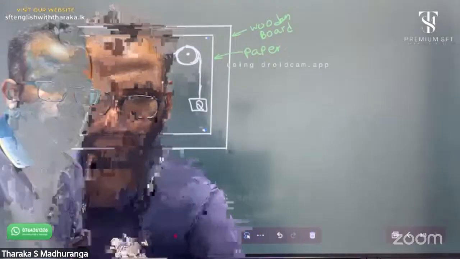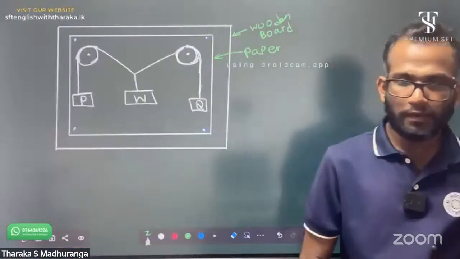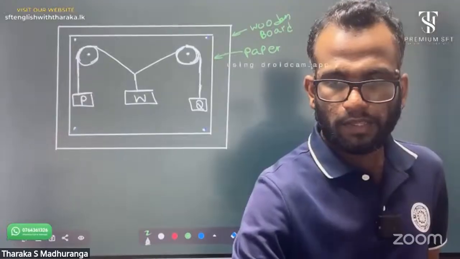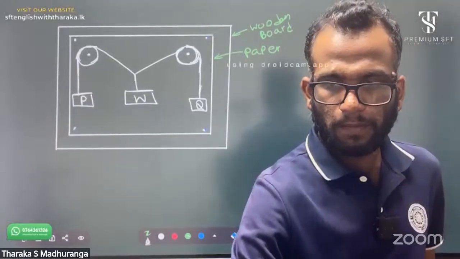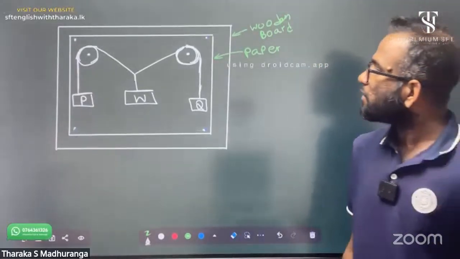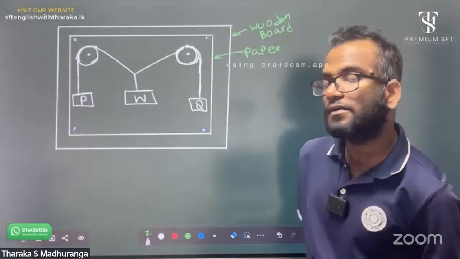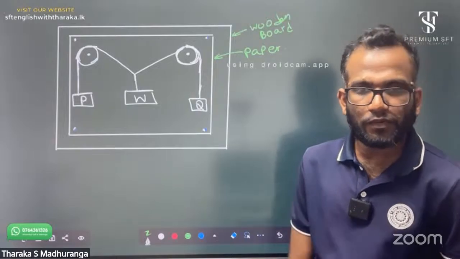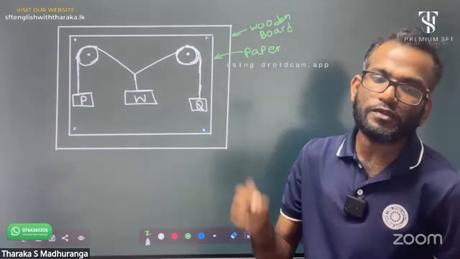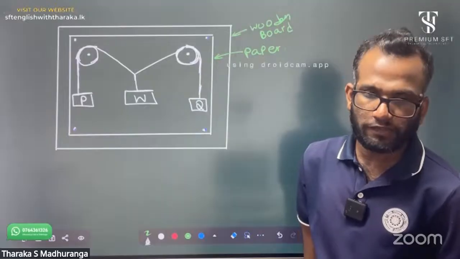The next step: we have to check the friction force, the friction of the pulleys. I told you we have to select very smooth pulleys.